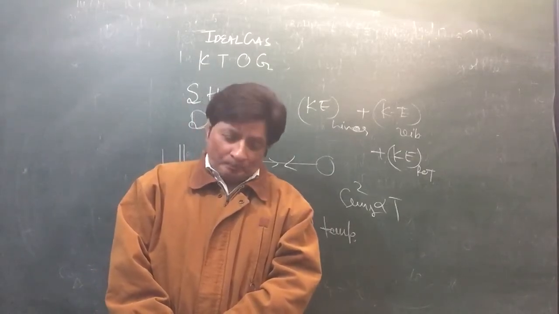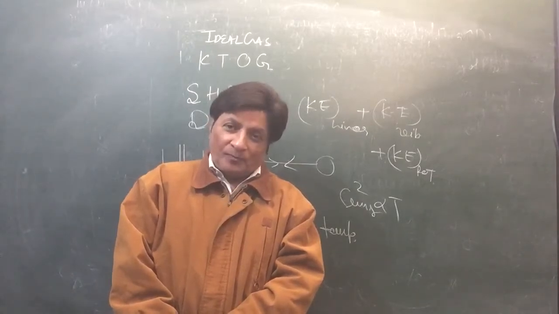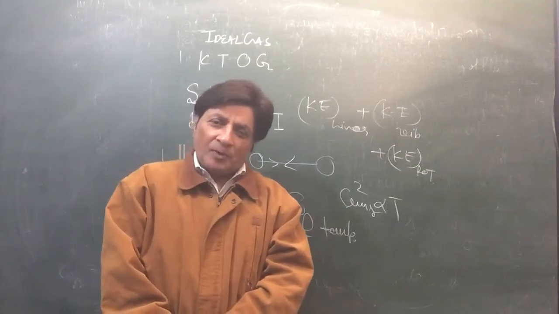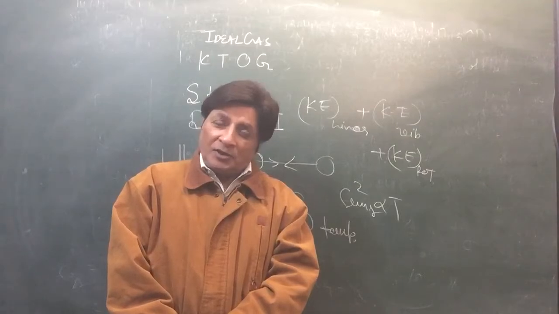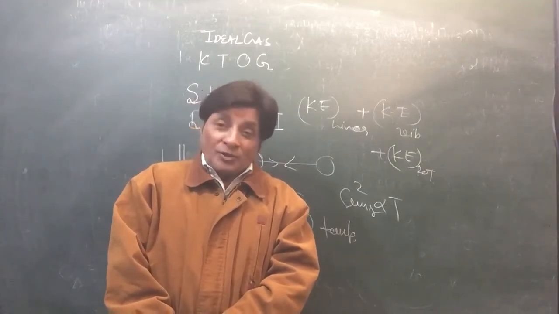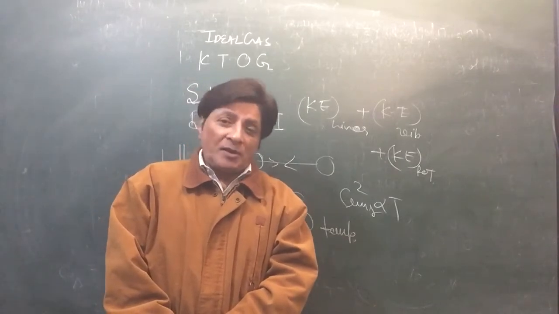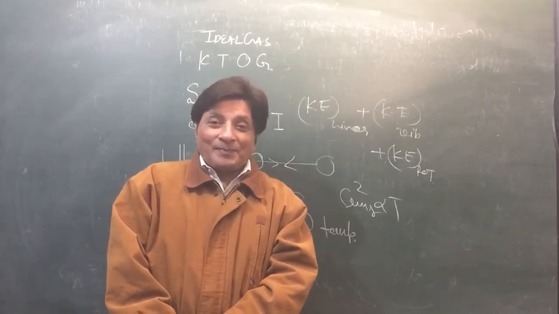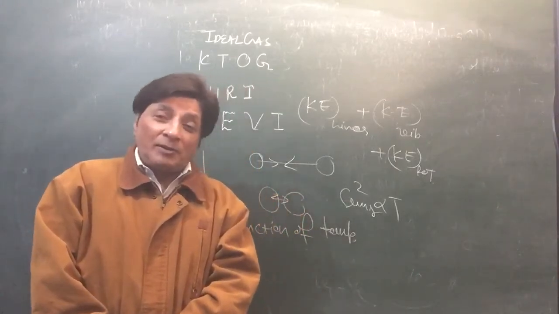Larger is the volume, lesser is the attraction. So lesser is the work done, almost negligible work done. So it is behaving like an ideal gas, and internal energy is just a function of temperature. Smaller is the volume, the molecules are close to each other. There is molecular attraction. Work has to be done to make the molecules move away.